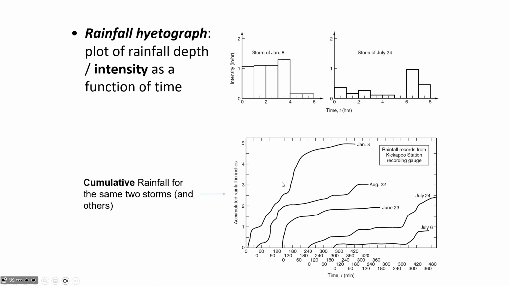So it's great when you have this kind of data available, but most of the time we don't, and we're going to be coming up with synthetic hydrographs. So we'll be synthesizing a temporal distribution based on just a total amount in a given period.